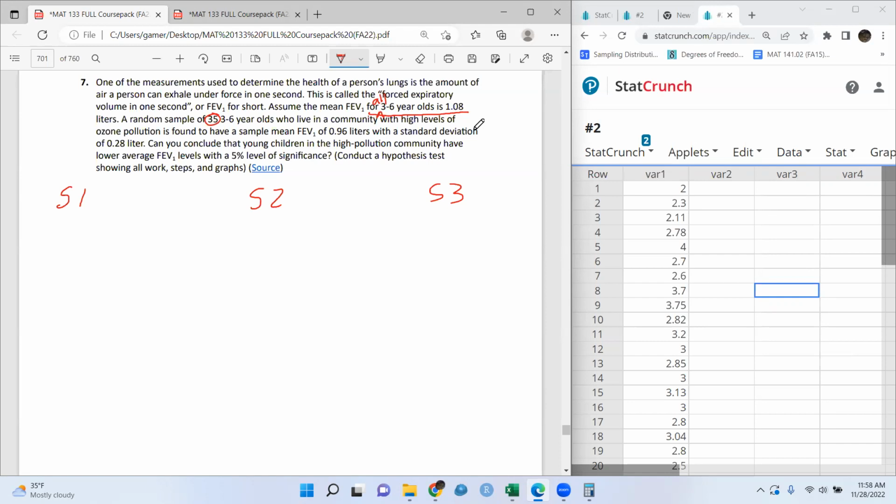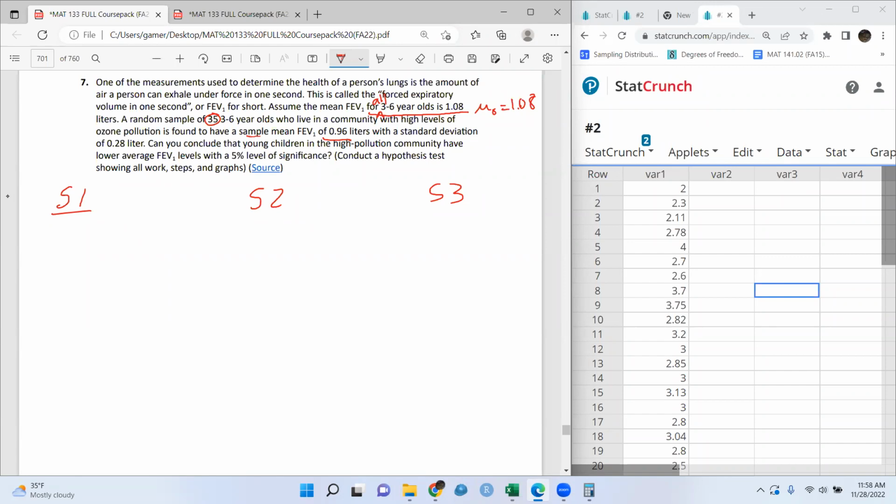So it's not 0.96, because that's what you get from your sample, not 1.08. In step 1, you want the population value, and we know that's the population value because of the implied word all 3 to 6 year olds. Here, it's a sample of 35 3 to 6 year olds.